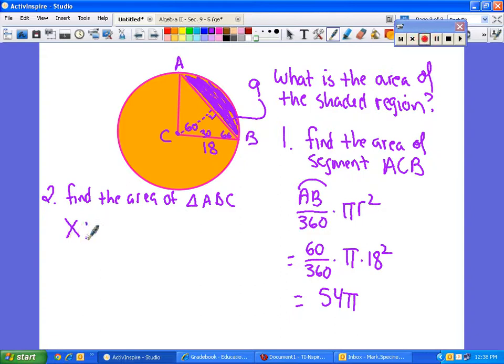The middle side is x times the square root of 3, and the hypotenuse is 2 times x. We don't need the hypotenuse here. We need the altitude going from point C to the opposite side. Since the side opposite my 30-degree angle is 9, x is equal to 9, so the altitude is 9 times the square root of 3.